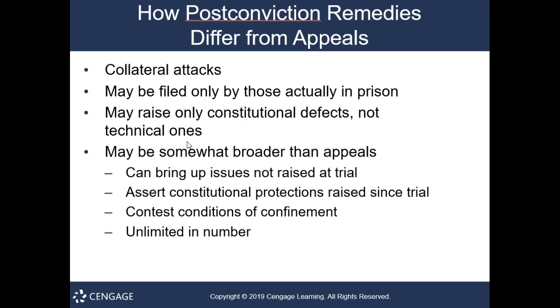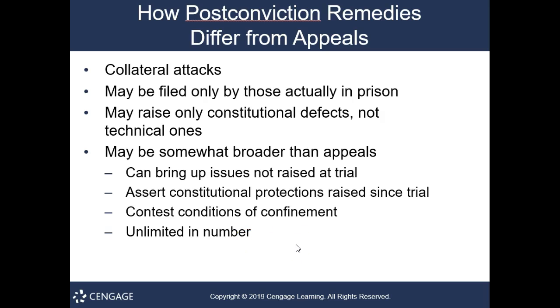In essence, you can't say, oh, there was a technical issue that should have been done better and it wasn't. This is only for a denial of constitutional rights. And it may be somewhat broader than appeals: it can bring up issues not raised at the trial, can assert constitutional protections raised since trial, can contest conditions of confinement, and it's unlimited in number.